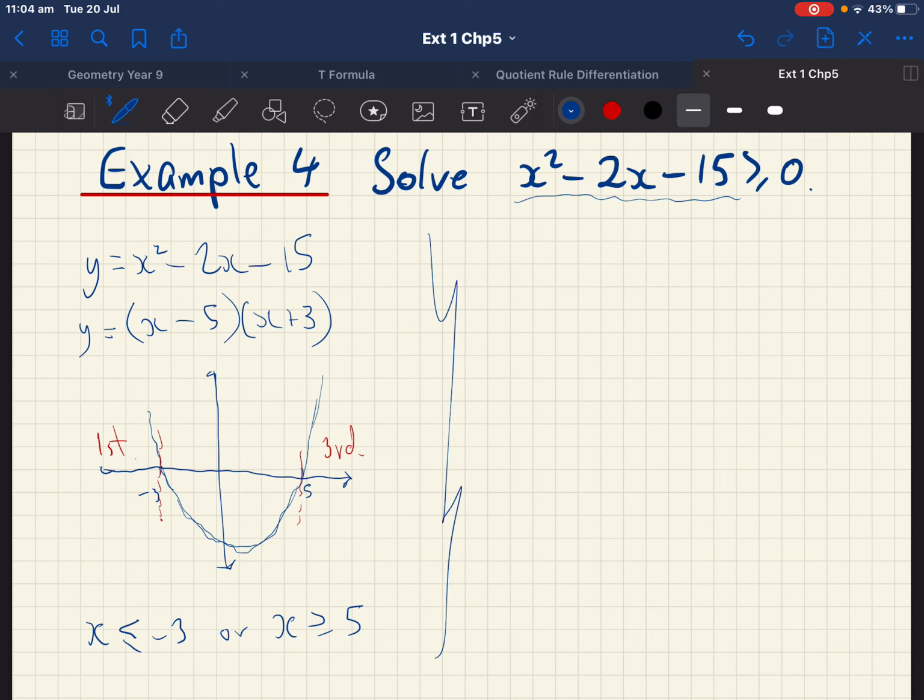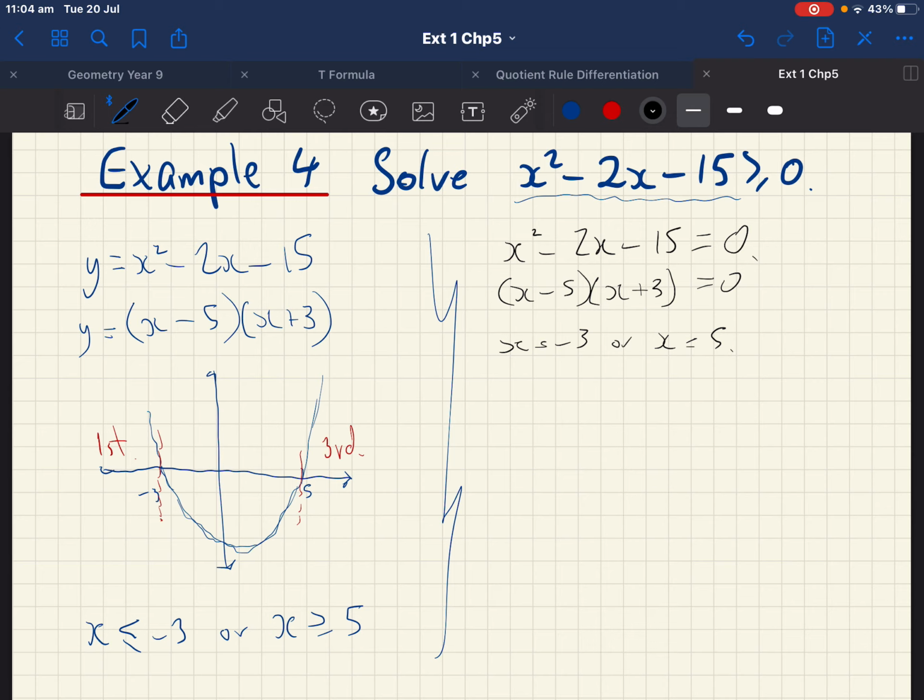Now, if you're a massive fan of critical values, again, what would you do differently? You forget about the inequality, pretend it's just a normal equation, replace the inequality with an equal sign. Go ahead and solve that equation just like you normally would to get your solutions. In this case, it's -3 or it's +5.